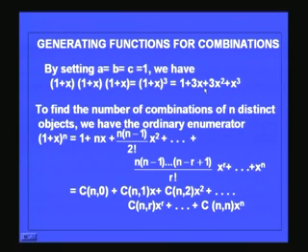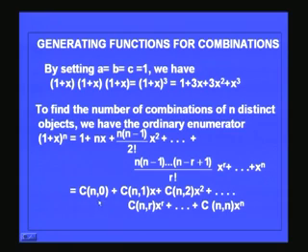In general, if you generalize this, to find the number of combinations of n distinct objects, we have the ordinary generating functions. This is a binomial expression. (1 plus x) power n is 1 plus nx plus n into n minus 1 by 2 factorial x squared, etc. Or you can represent this as C(n,0) plus C(n,1) x plus C(n,2) x squared and so on. The coefficient of x power 0, or the constant term here, is the number of ways of choosing no objects out of n objects.